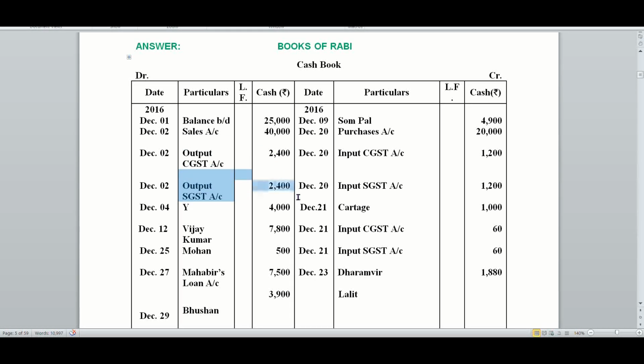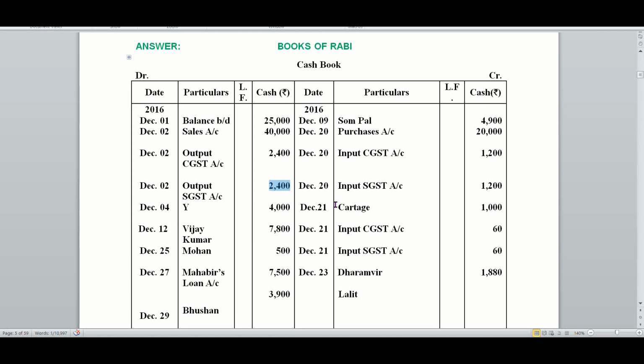SGST also 2,400, 6%. The journal entry will be: cash account debit, to sales 40,000, to output CGST 2,400, to output SGST 2,400. This is the journal entry.